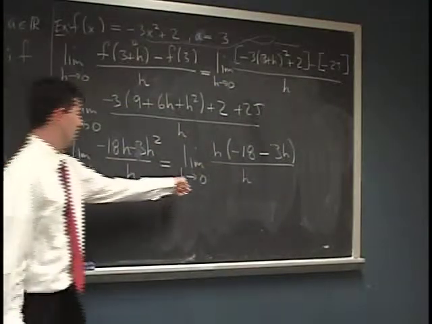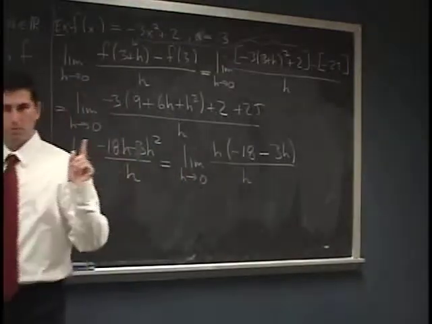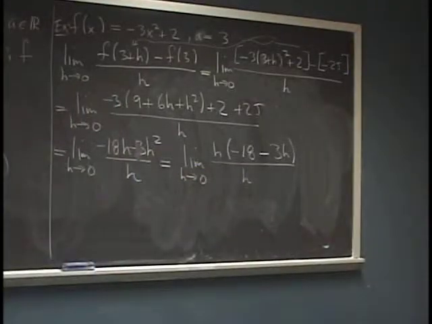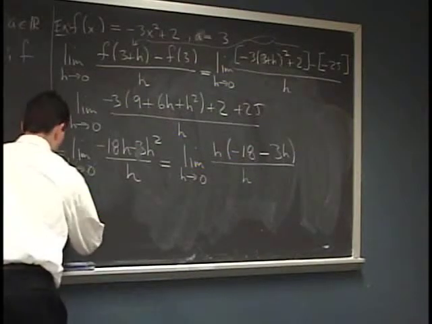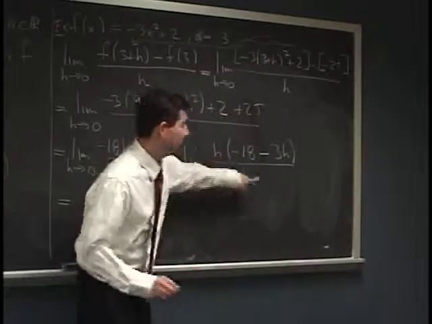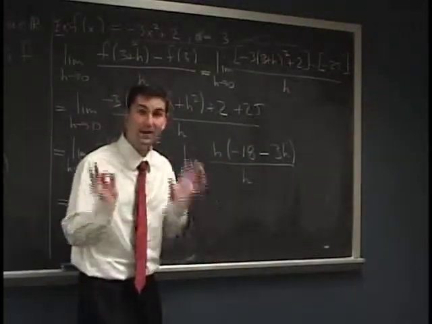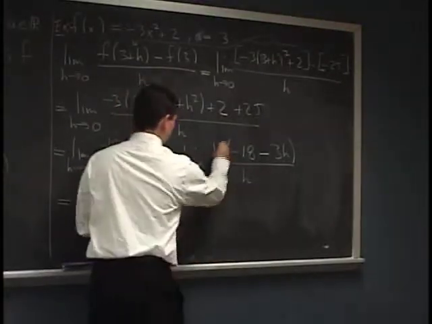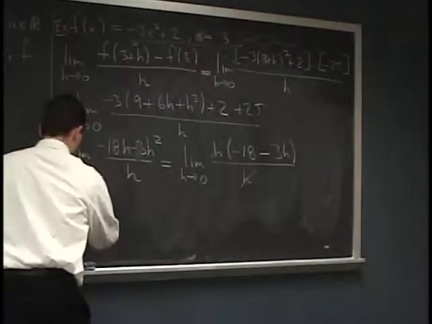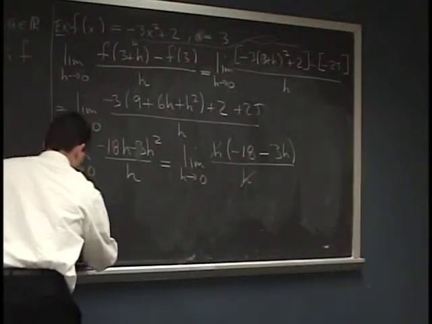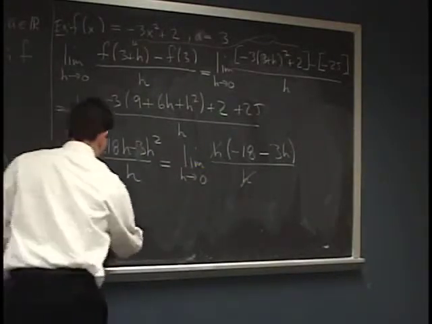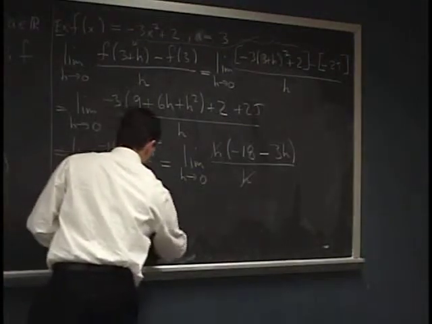H is going to 0, but we never allow h to be 0. That's what we do when we take a limit. What does that mean? That means I can cancel these h's. I'm not dividing by 0 when I do that. So I'm left with the limit, as h goes to 0, of -18 minus 3h.